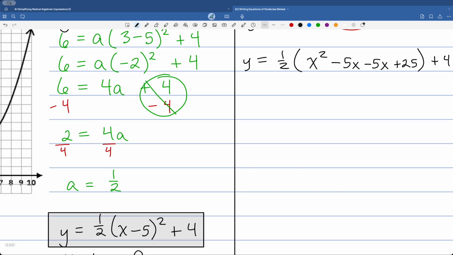Okay. We'll finish cleaning this up. So it becomes y equals 1/2 (x squared, negative 5x minus 5x is minus 10x, plus 25, plus 4). We now have to distribute.